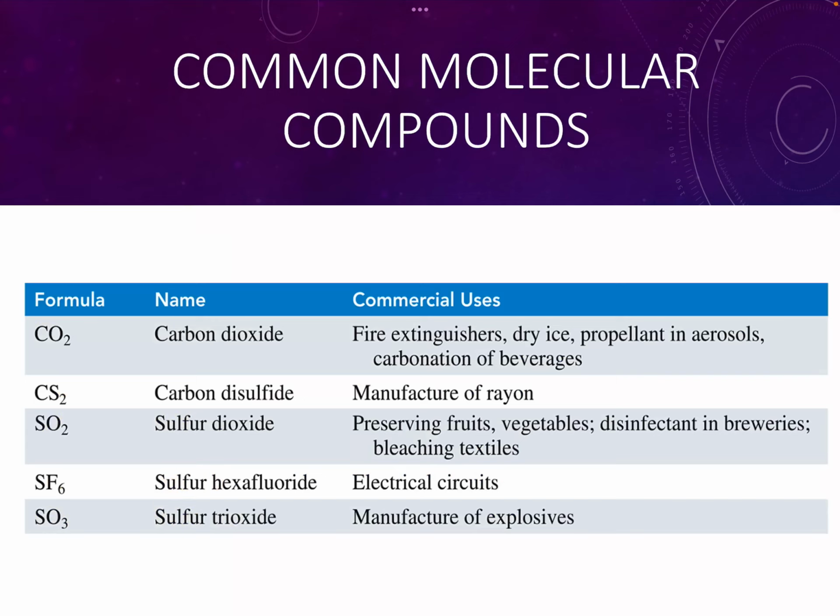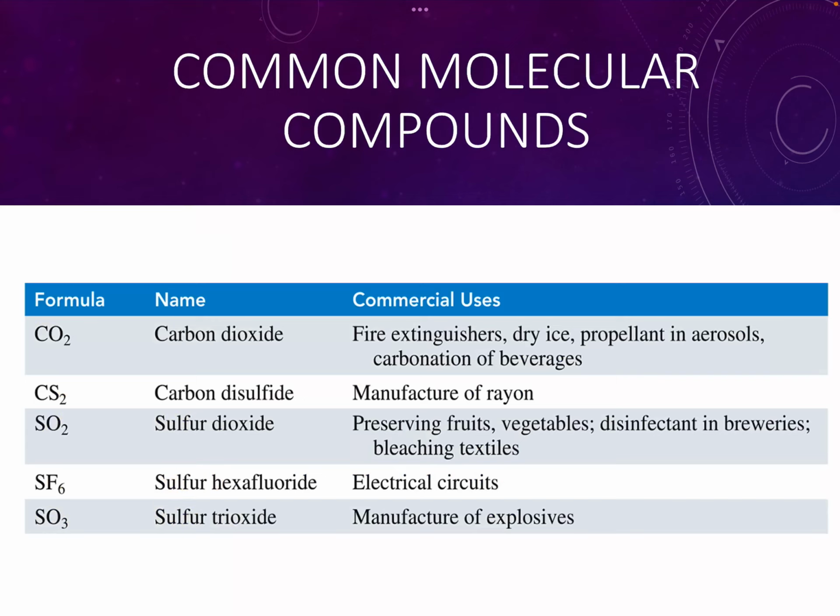So here are some common molecular compounds that you've come across just in general. Water is one of them. We've been talking about water a lot, but another one is carbon dioxide. That is made up of all nonmetals. Anytime you see a formula that has all nonmetals, it's going to be made up of covalent bonds, so we call it a molecular compound. So all of these, all nonmetals.